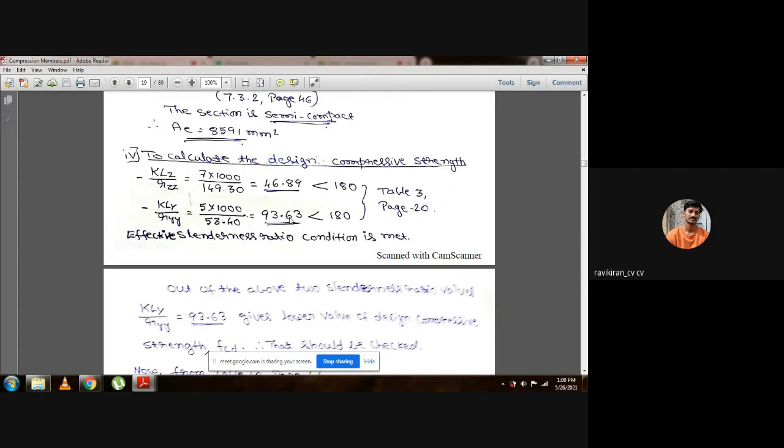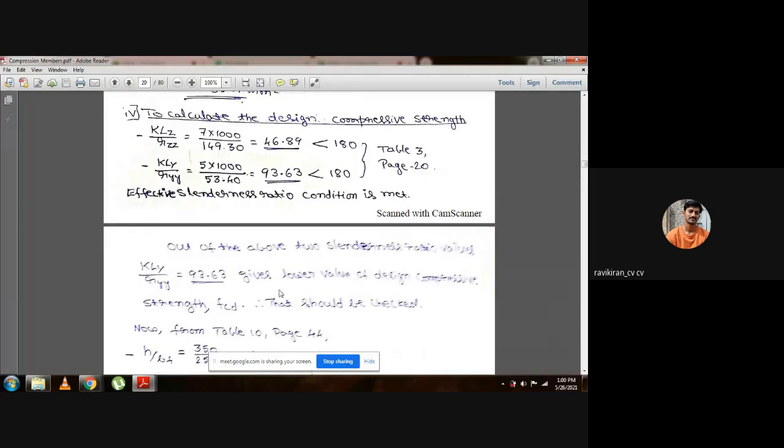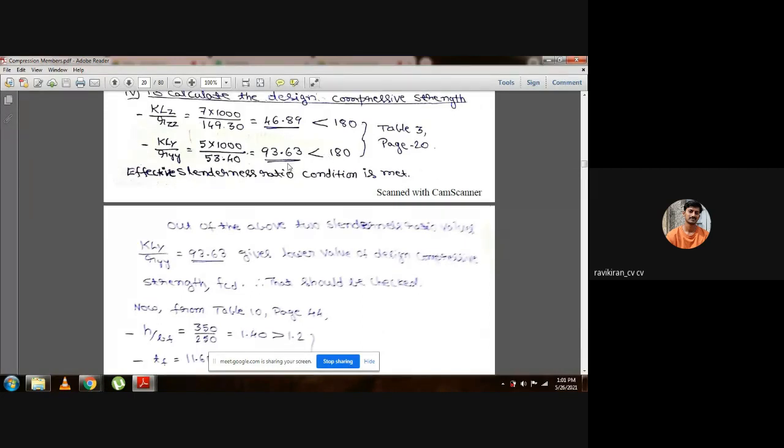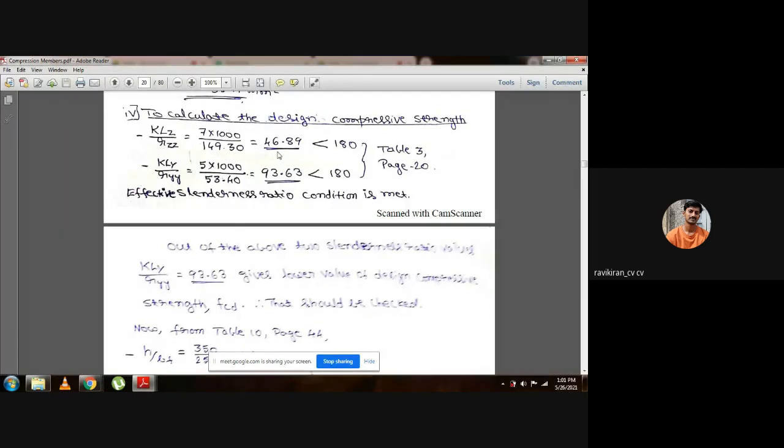These are the values we got. Out of the above two slenderness ratio values, KLy by ryy is 93.63, which gives the lower value of design compressive strength. Right? See, 93 and 46.